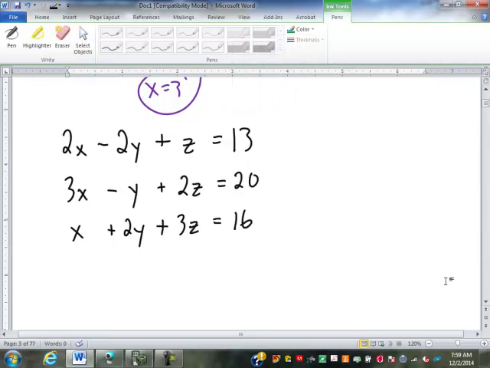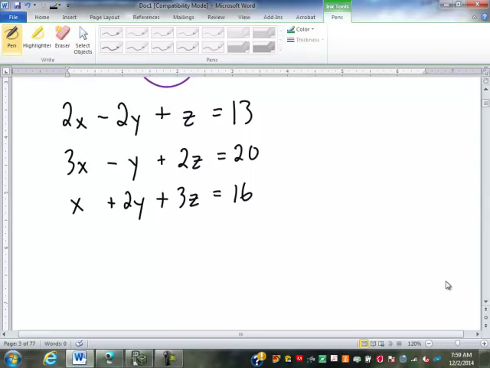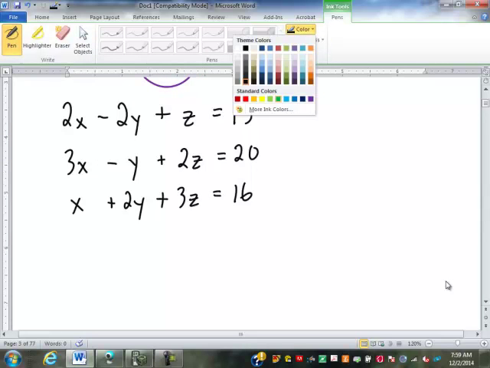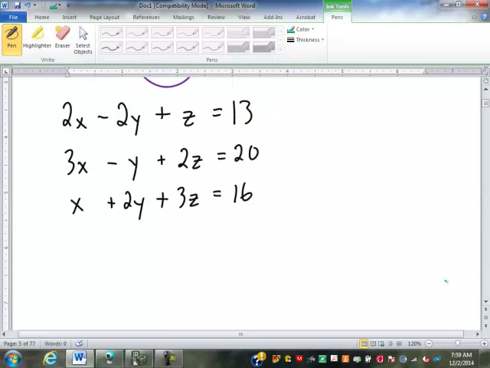But depending on your preferences, some ways are easier than others. I don't like using substitution. How much easier would that be with elimination? That's what we're going to do now. Some systems, substitution is the easiest way to do it. If I see that, I'll do it. But if it's ambiguous, if there's no easy way to do it, I usually default to the elimination method. So let's label these equations A, B, and C again.